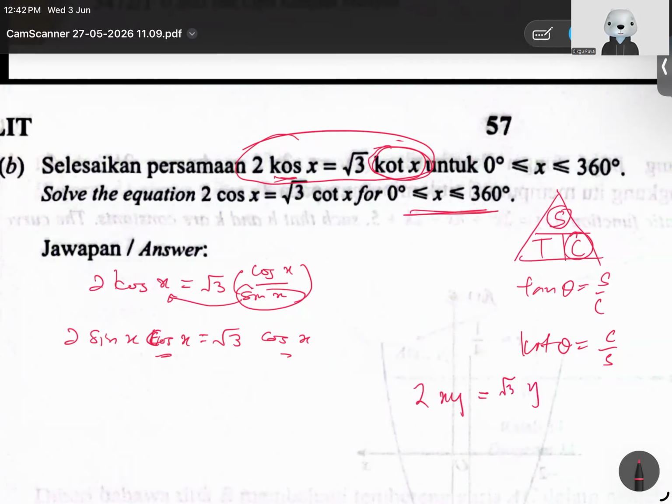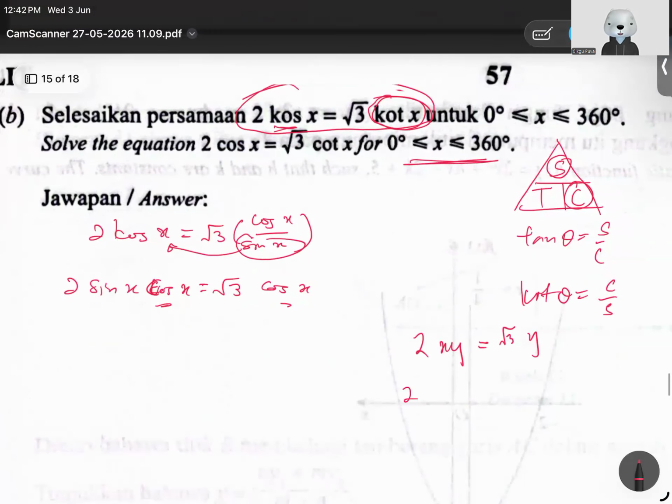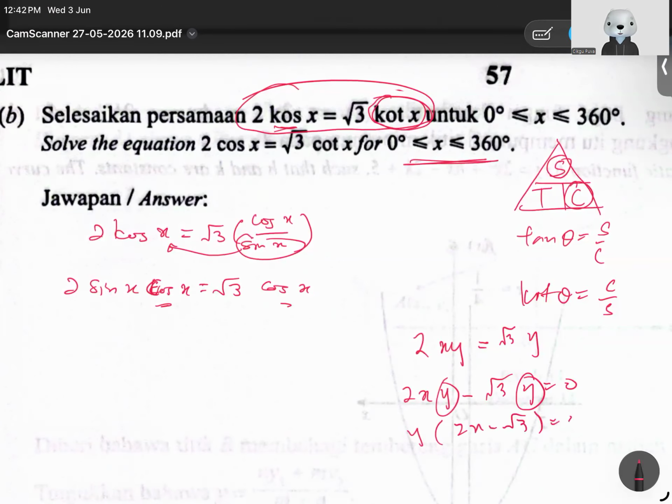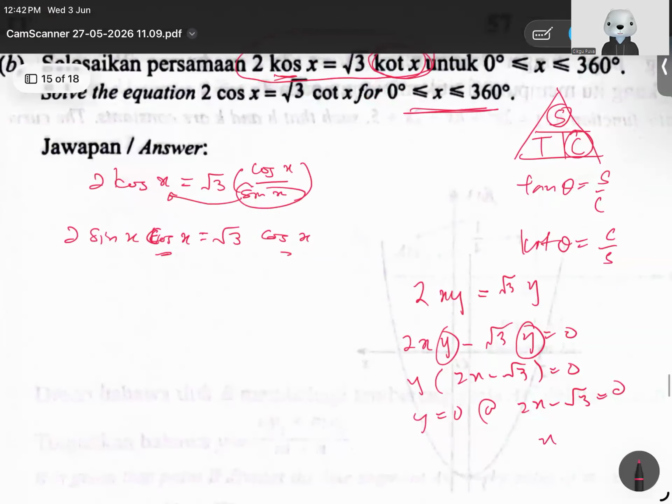How do you solve? You can write 2xy minus 3y equals 0, factorize the y, so y times 2x minus 3 equals 0. So y equals 0 or 2x minus 3 equals 0, and you can find x. That's what I was thinking.